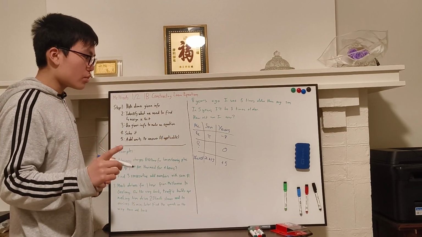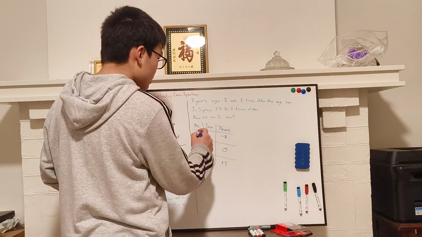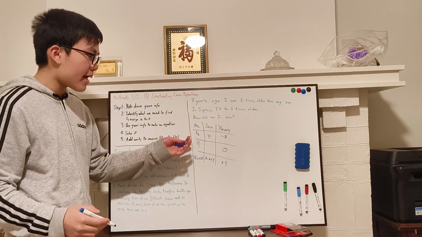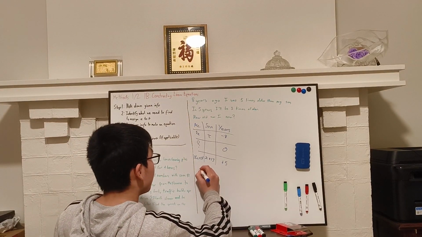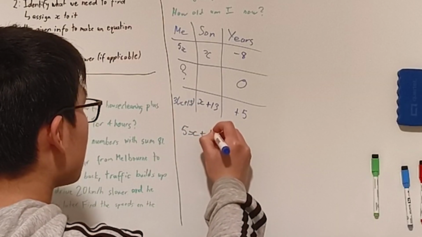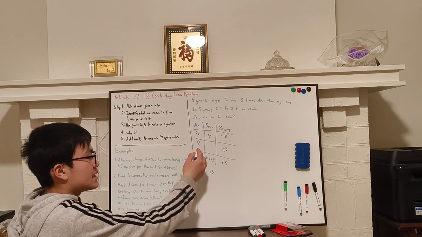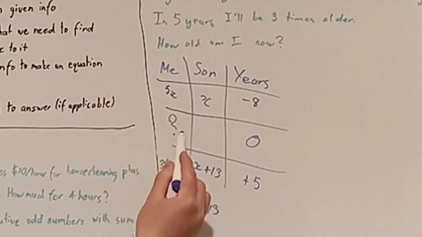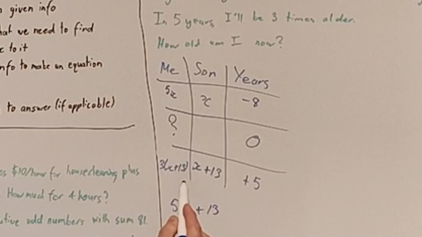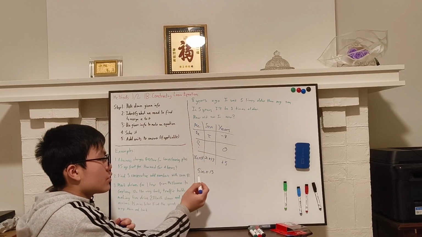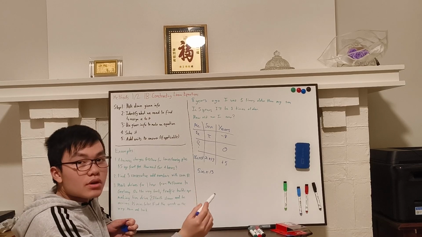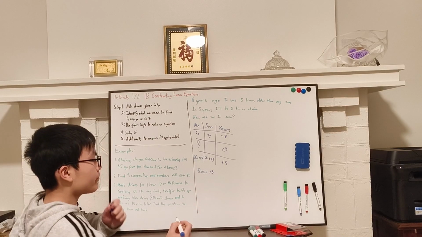Now what we can do though is bring the 5x and then plus 13. So what I'm trying to say is that 5x plus 13, when we bring the 5x down here, that's going to be plus 8 and then plus 13 years old, because 13 years has passed since he was 5x years old, so he's going to be 5x plus 13 in 5 years' time.